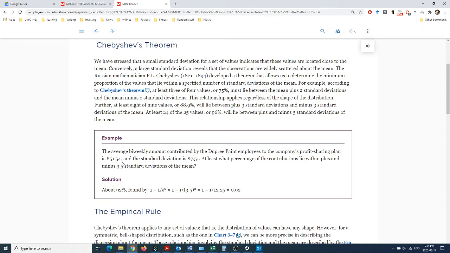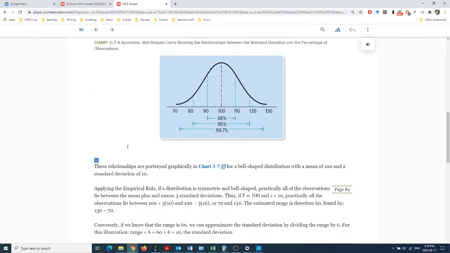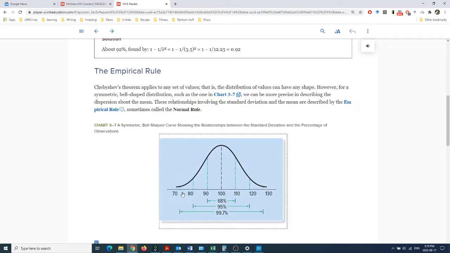Okay, so that's the idea of Chebyshev's theorem. If you look at the normal distribution, this is the normal empirical rule, and Chebyshev's theorem you could kind of extend it. This is perfectly symmetrical, and here the mean is 100.